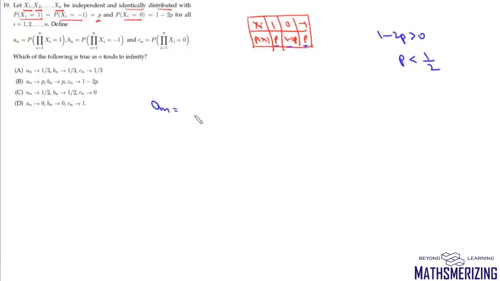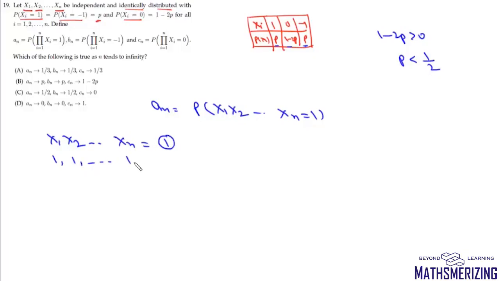Now an is the probability that x1 x2 ... xn is equal to 1. First we need to find in how many ways we can choose x1, x2 and xn such that its product is 1. One way is when all the values are 1, so we have only one case.